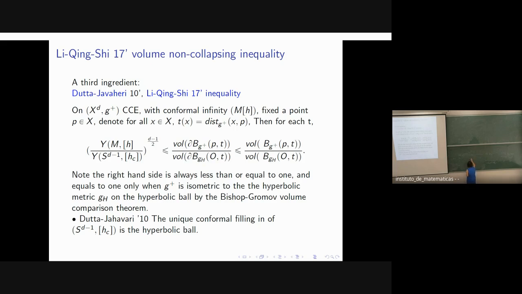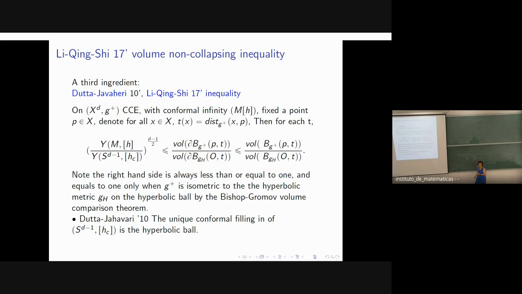First, there is this volume comparison theorem, which says if you have a metric whose Ricci is greater than or equal to minus n, then you can compare the volume of a ball of radius t to the volume of the hyperbolic ball of the same radius, which turns out to be a monotonically decreasing function of t, and is less than or equal to 1, but it's also greater than or equal to the ratio of the area of the boundary of Bt to that in the hyperbolic case.